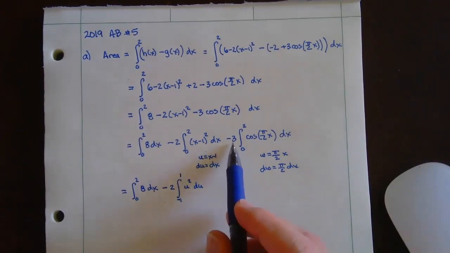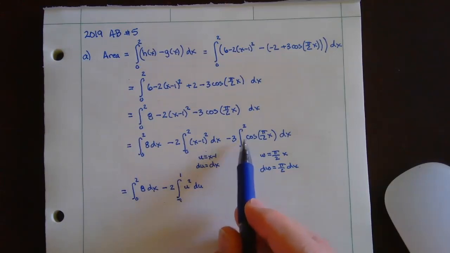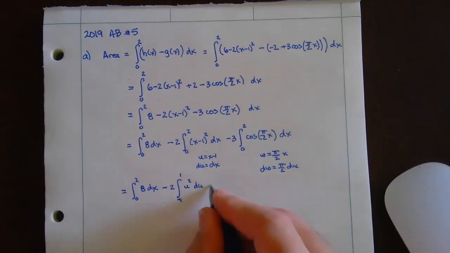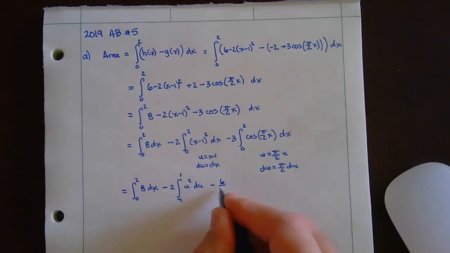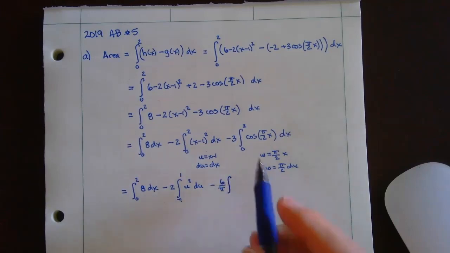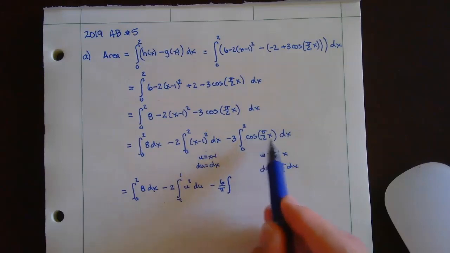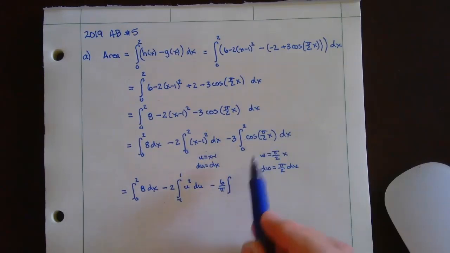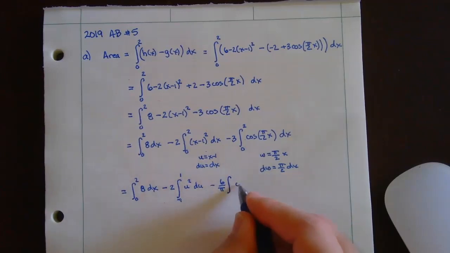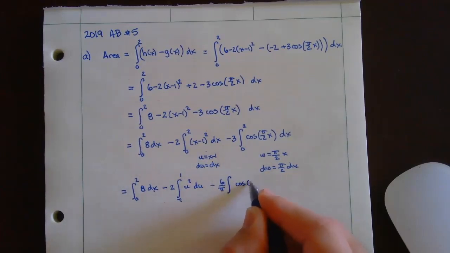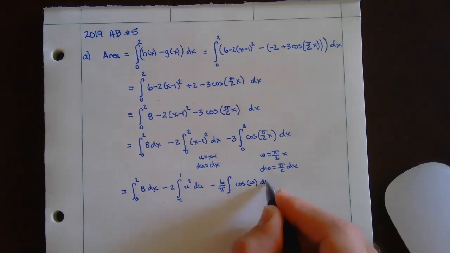And then minus 3, and this one I'm going to need to multiply by pi over 2 and 2 over pi. So this is going to be minus 6 over pi, the integral. In my mind, I'm going to already have a pi over 2 here in my dx, and that's going to make my dw because I already fixed it out here, right? And so this would be cosine of w and then dw.